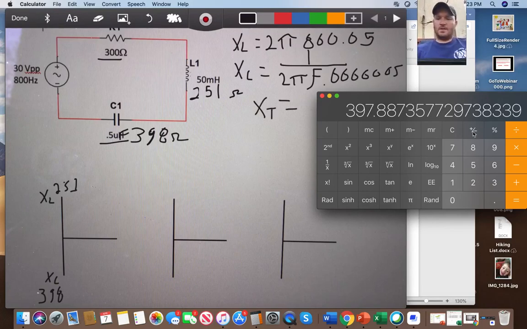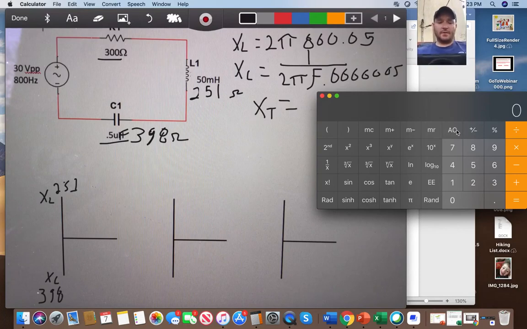This will be negative, so we'll do 251 minus 398 equals negative 147. Of course, we always want to make sure we put the inductor first, so if it is more capacitive, it'll be negative, which will affect our phase angle.